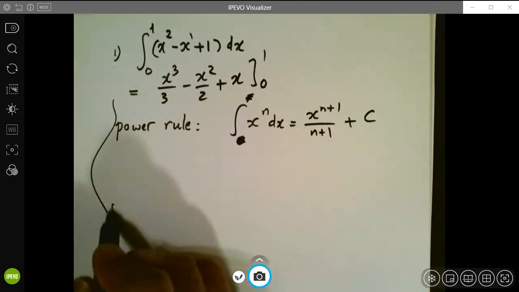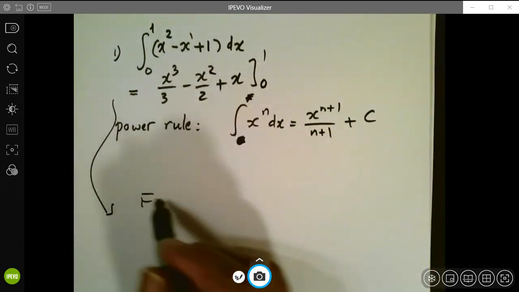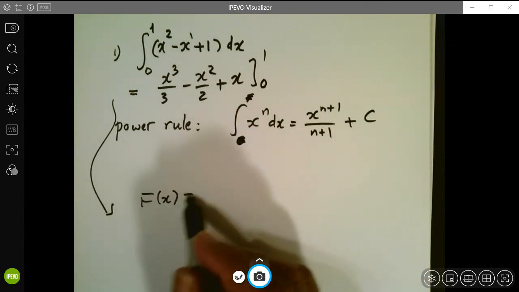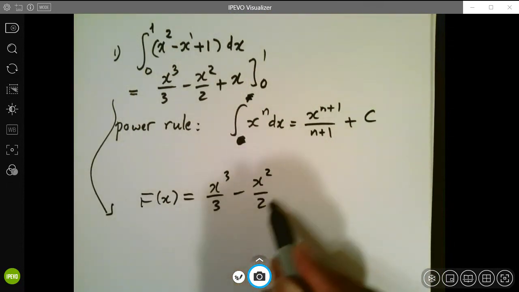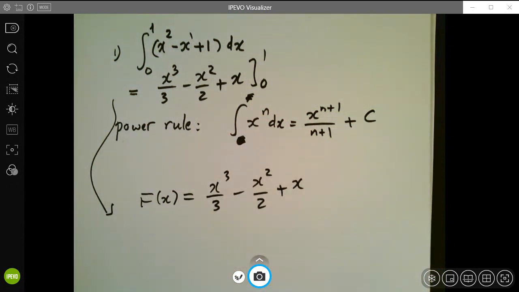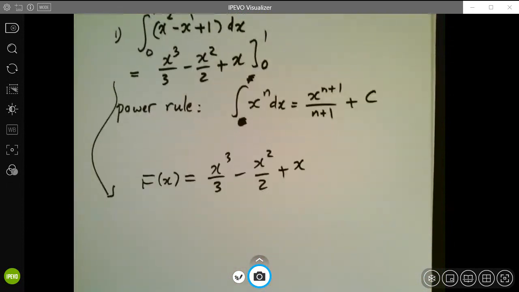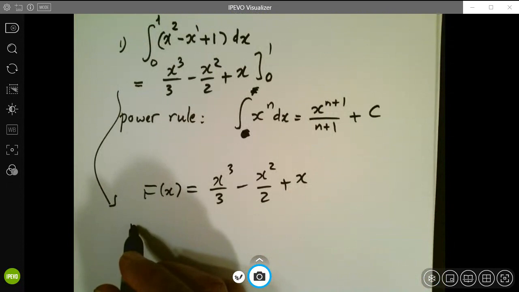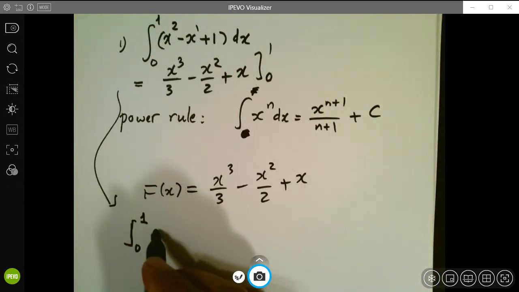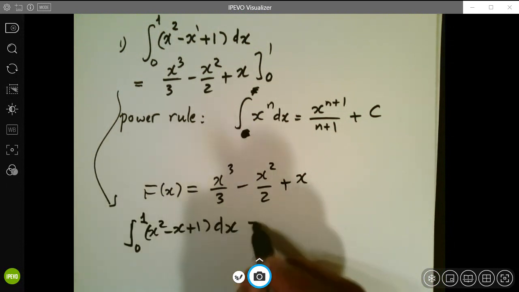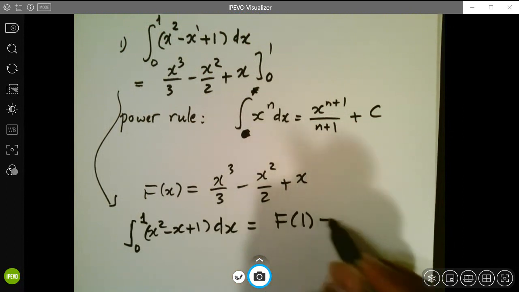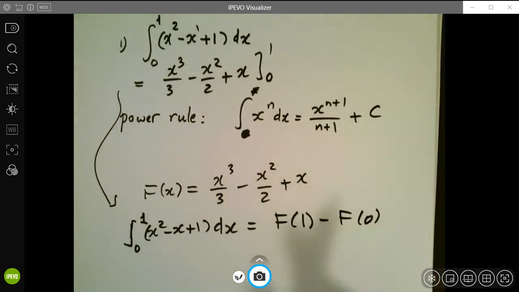Okay, now if I do the math, this is F of x. What is the fundamental theorem of calculus telling me? It will be F of 1 minus F of 0. And what is F?